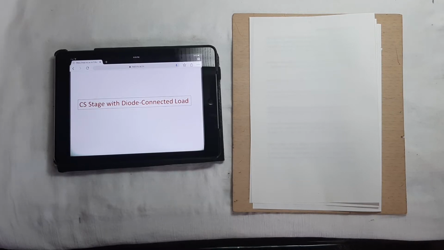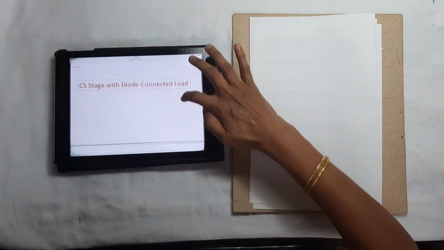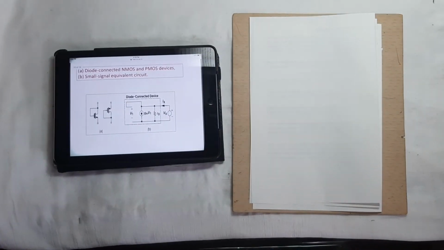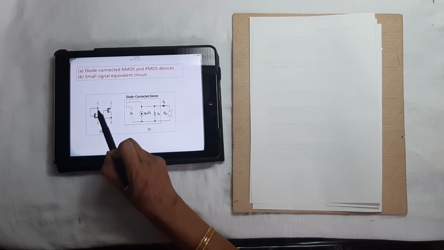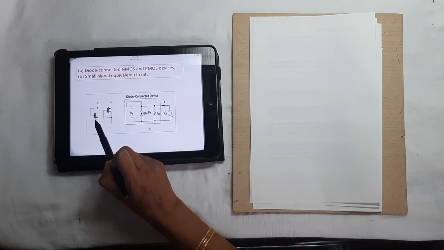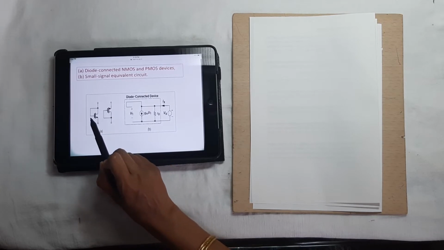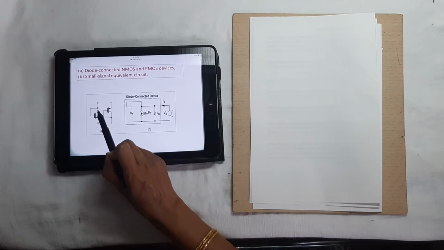A MOSFET can operate as a small signal resistor if its gate and drain are short circuited. Diode connected load means that when the gate and the drain terminal are short circuited, it is known as the diode connected MOS device. This is an N transistor and this is a P transistor, with gate, source and drain terminals.